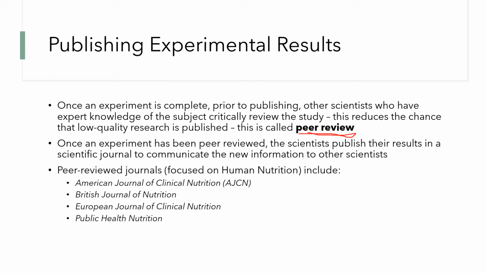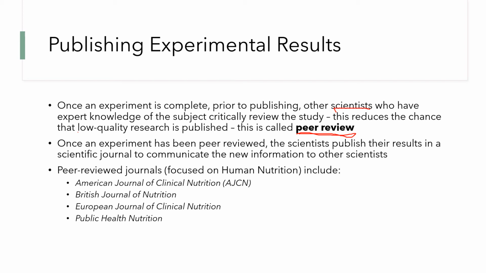So peer review is where other researchers or scientists, ideally in that field, who have what we would consider expert knowledge on the subject, review the study very critically to help reduce the chance that there is any bias in the study or that it was faulty science, and basically effectively raise the bar to make sure that only high quality research gets published.